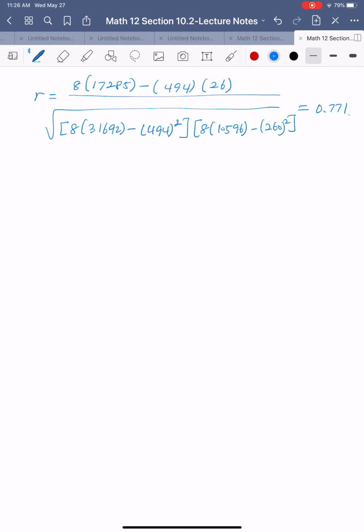So the r is 0.771, so I think it's greater than the critical value, yes, it's very significant.